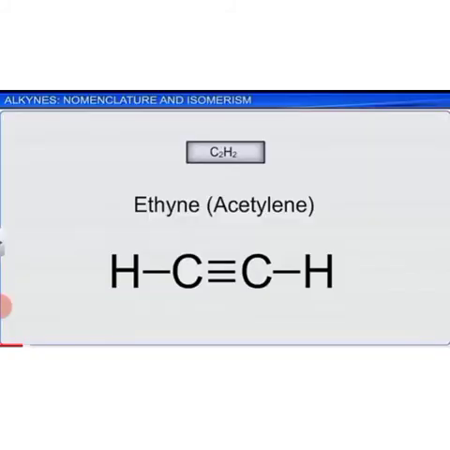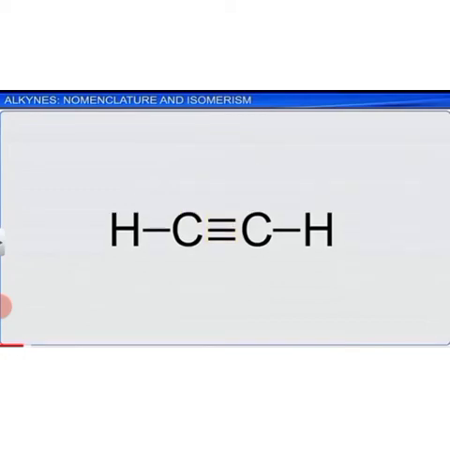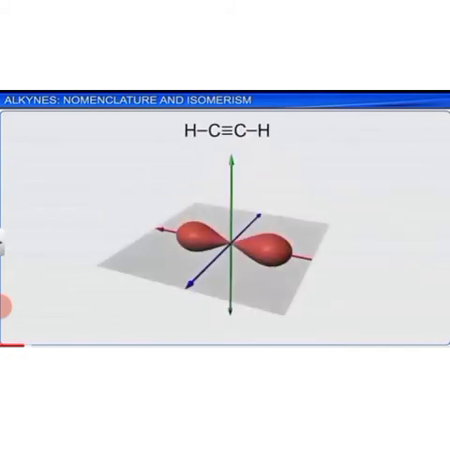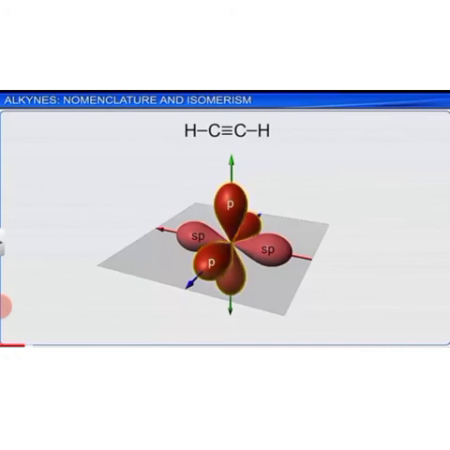Now let's understand the structure of the ethyne molecule in relation to a triple bond. An ethyne molecule has two hydrogen atoms bonded to two carbon atoms. Each carbon atom has two sp hybridized orbitals and two unhybridized p orbitals.